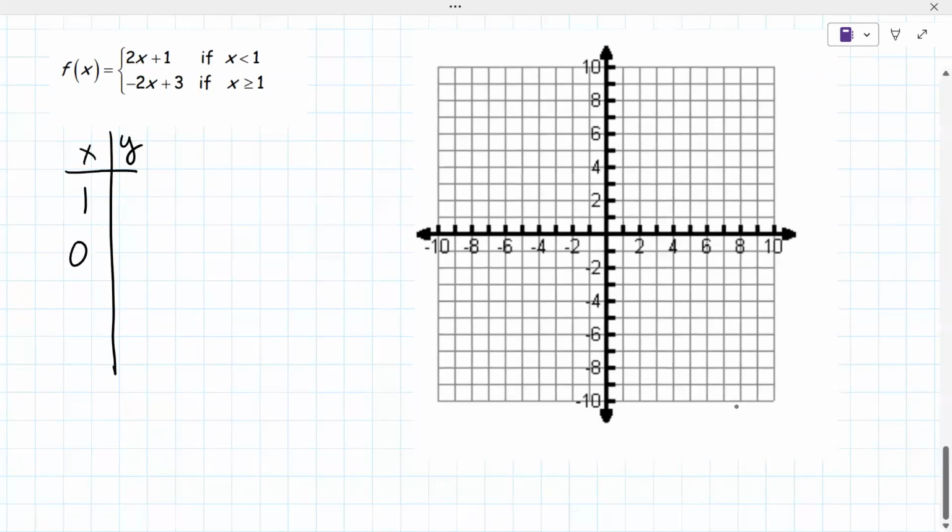All right, so 1, like 0 and -1, put those values into the first piece here. So that'll be one for the first one is one. 2 times 1 plus 1 is not 1. You're using the bottom piece.